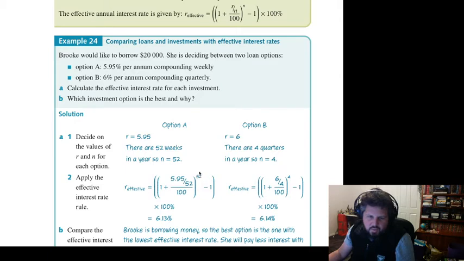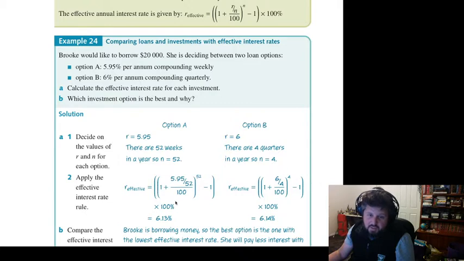Sometimes on your calculator you have to close the brackets. I do a bracket after the 52 and another bracket in here, because if you're not careful, some people put this take away 1 in the power bit and do 52 take away 1 in the power, which is like putting it to the power of 51, which is not what you want. So please be careful with this calculator.